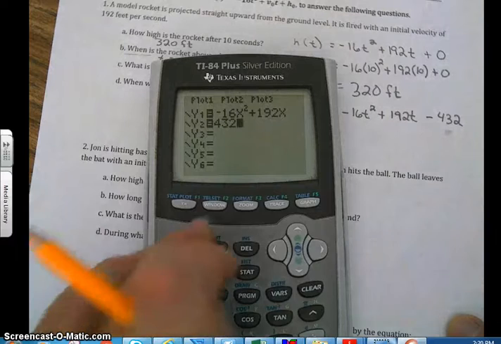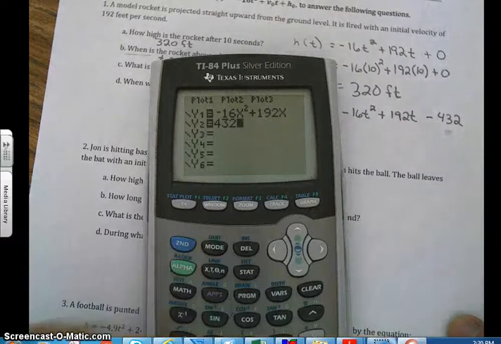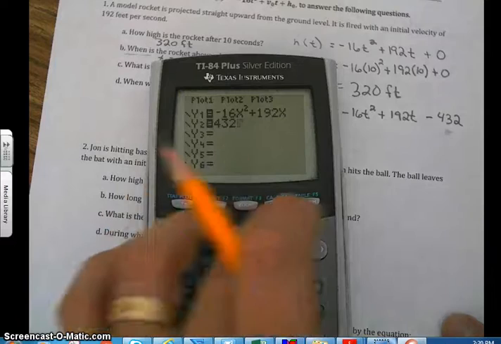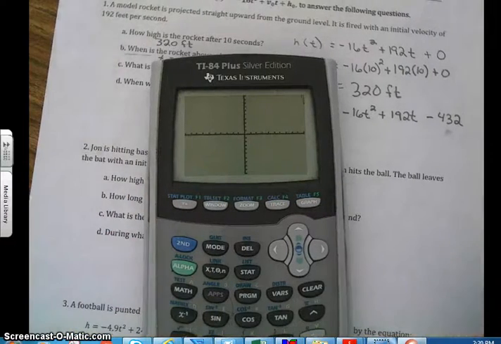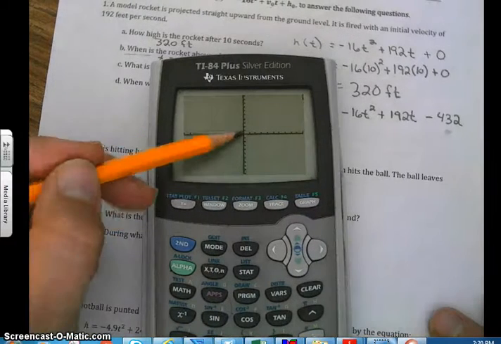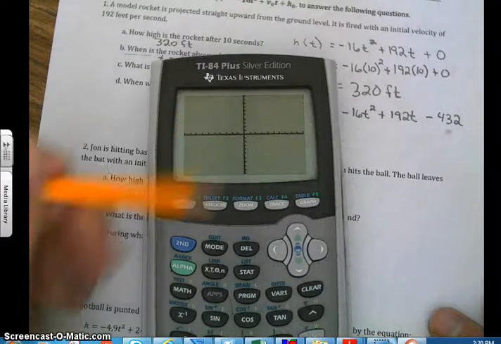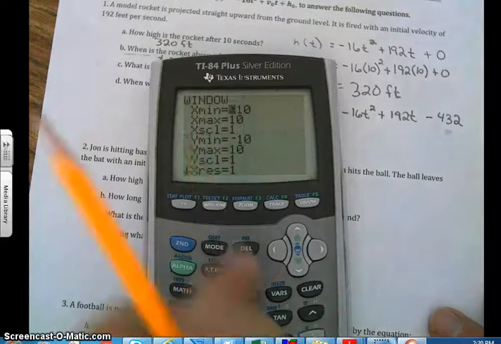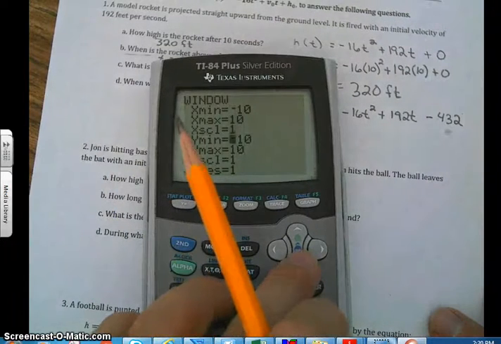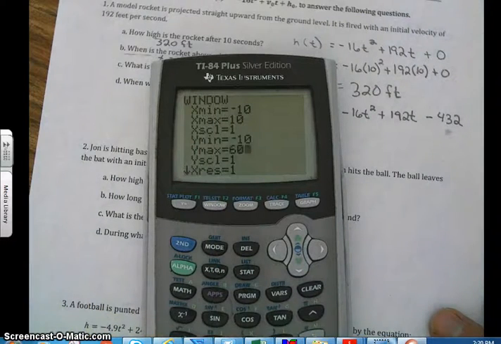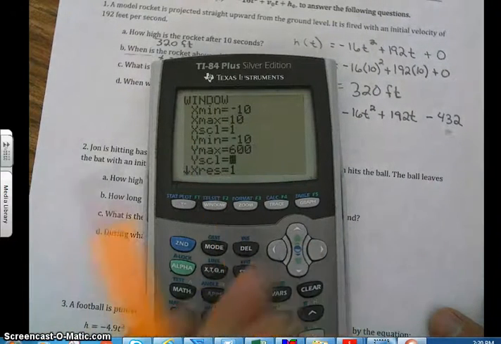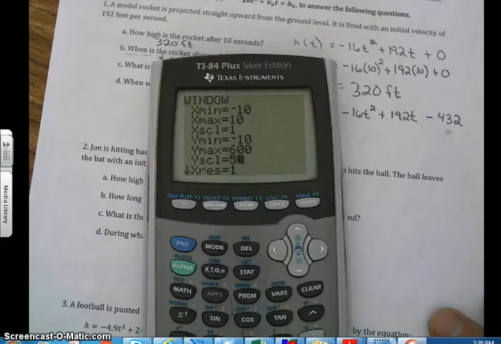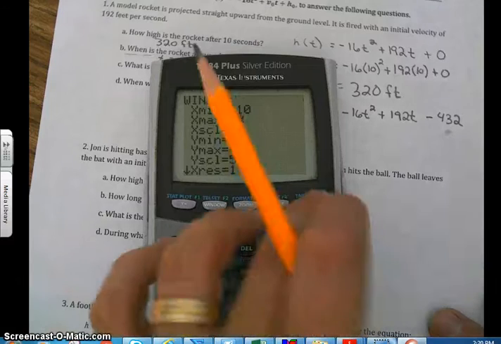With this problem though, you will need to adjust the window, because if you graph it, it only goes up to 10. We have one equation that's 432. So I'm going to adjust my window max to 600 and count by 50s. Let's see what we get here.